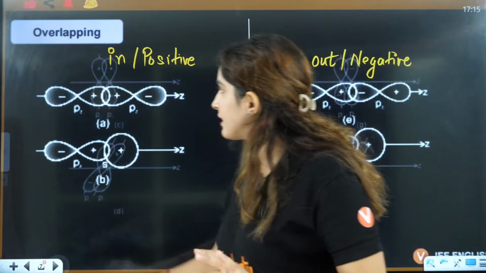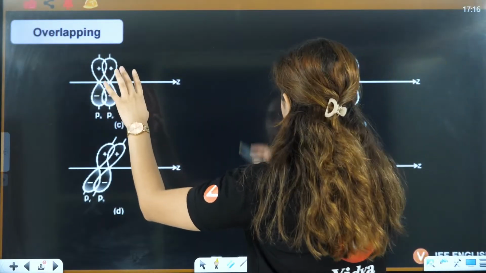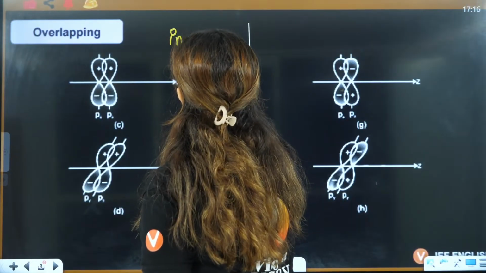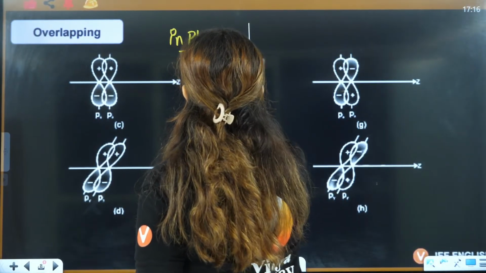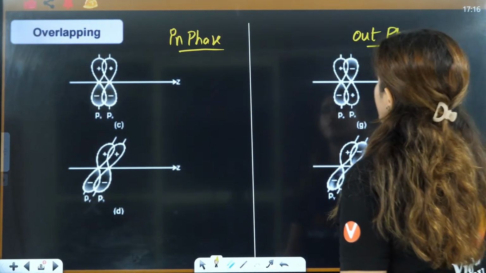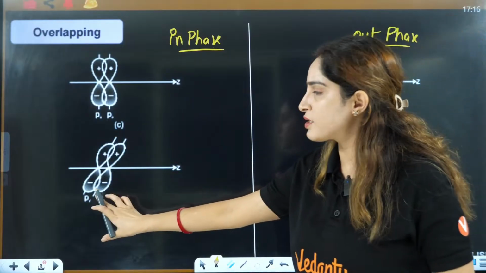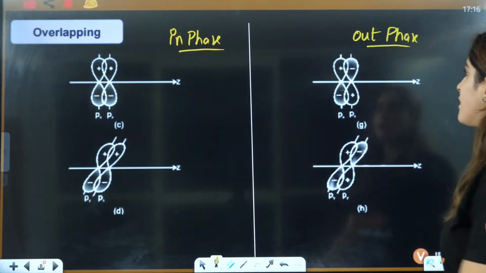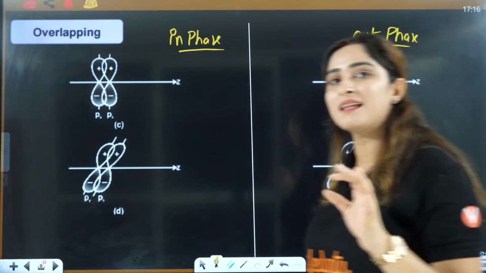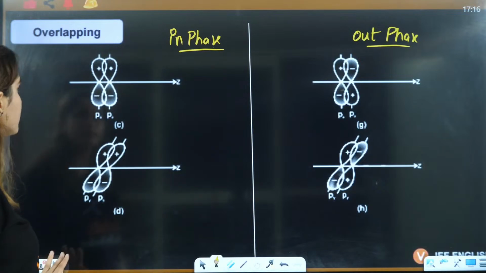Next examples are in sideways overlapping. You will see in this also, this one is positive, this is in phase and this one is out of phase. When two positives are overlapping, that is in phase, two negatives overlapping as well. When one positive, one negative, or one negative, one positive are overlapping, that is out of phase overlapping.